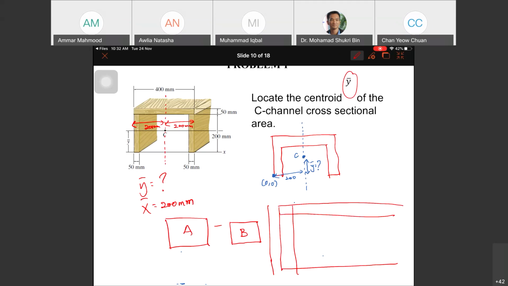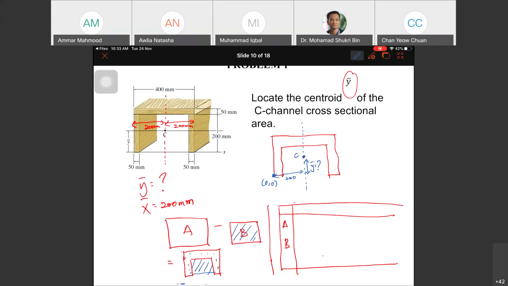This one is A and this one is B. I hope you can understand. So this one is A. The whole thing minus the blue one. This is B and this is A. A minus B, you get this one.